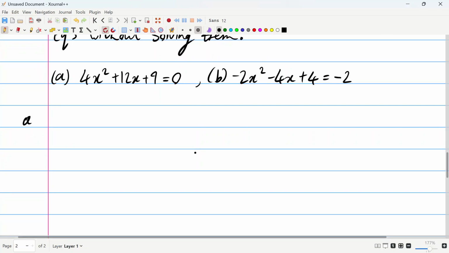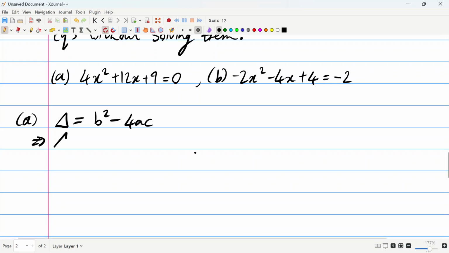So number A is the first thing we have to do, by the way, is say capital delta is equal to, sorry, b squared minus 4ac, okay? B squared minus 4ac, that is what we have, okay? What is our b value, though? Our b value is the 12, right?